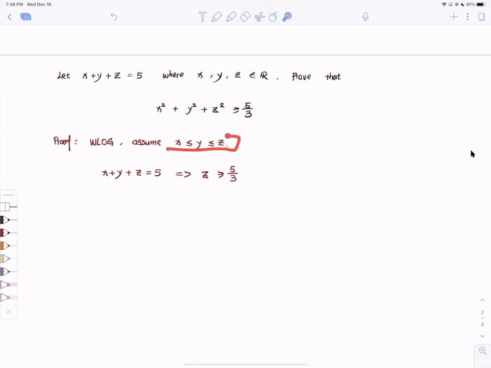But this always works because x, y and z, even if you interchange them, the question itself is still the same, and this covers all the cases because they are either all equal, or two of them are equal, or they are all not equal, which means one has to be greater than the other. So this is always true, but you cannot assume they are all equal.